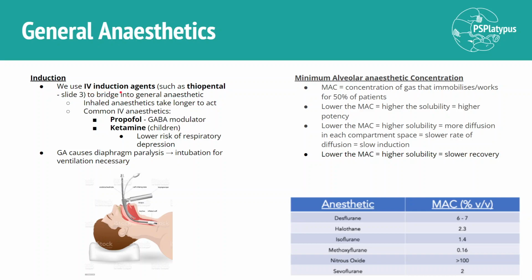We need this so that we can appropriately manage the airway. Because once we start GA, this causes diaphragm paralysis, and we need to have them intubated by this point. So we can't really give them GA and then intubate them, but if we produce a state like an induction agent does, we can intubate them, get them ready for general anesthetic.